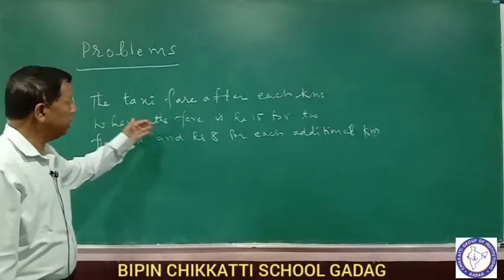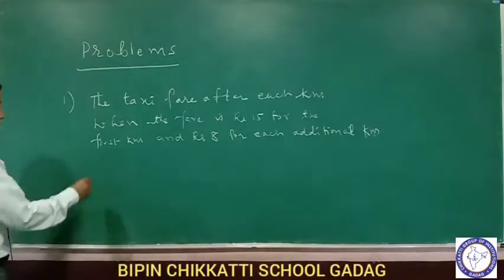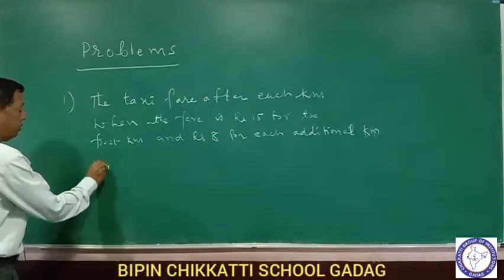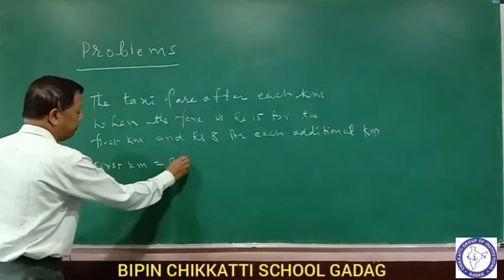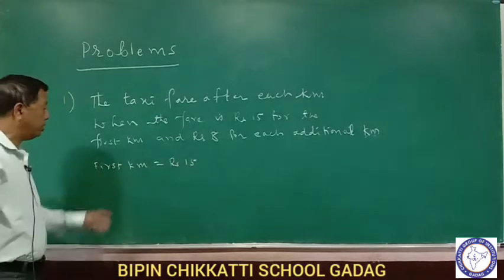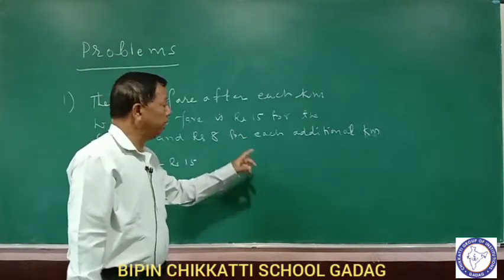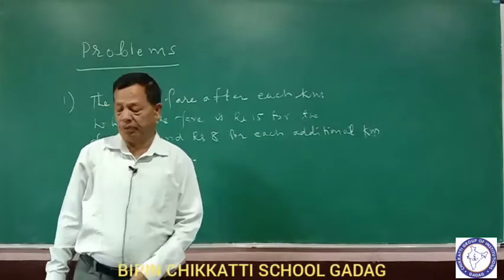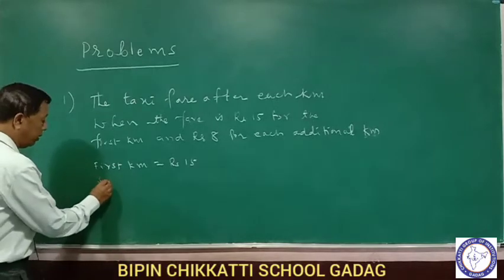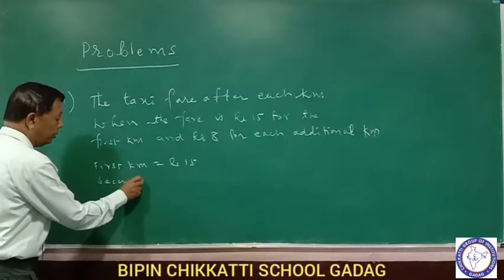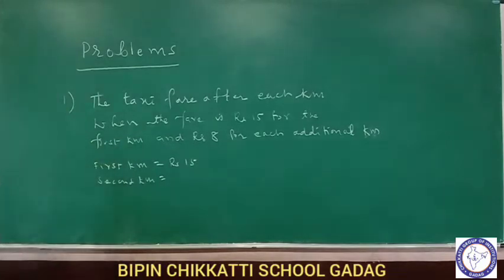And here the fare for the first kilometer is 15. The taxi fare for the first kilometer, how much is it? Rs 15. Next, Rs 8 for each additional kilometer. And definitely when you go for the second kilometer, you have to see what the cost of the taxi fare is.